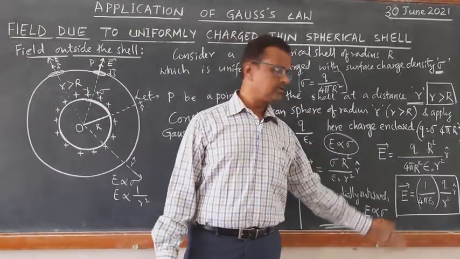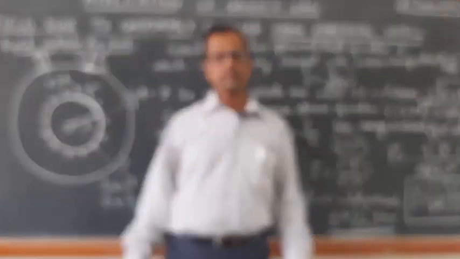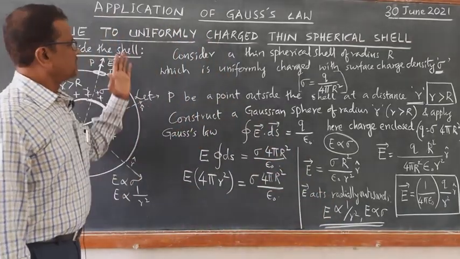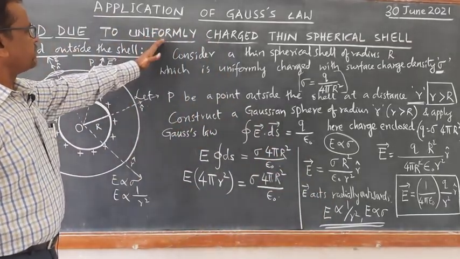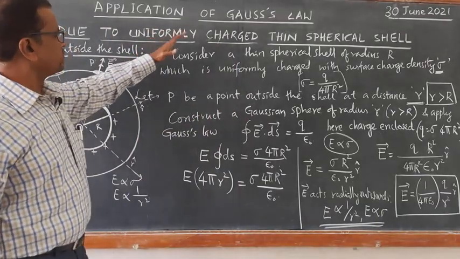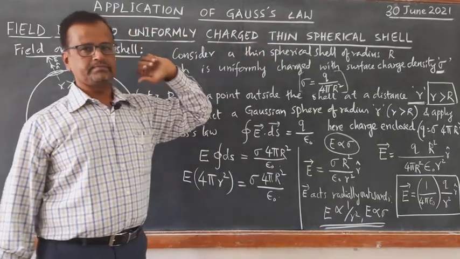So, we obtained Coulomb's law using Gauss law in this case of finding the electric field due to a uniformly charged thin spherical shell.